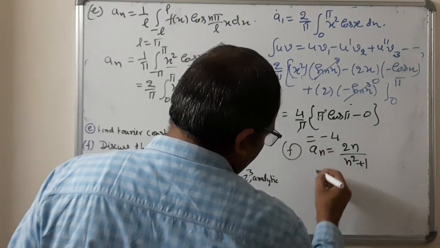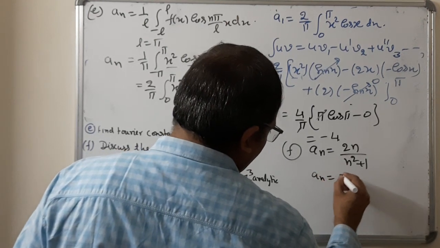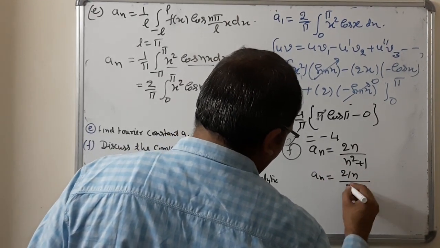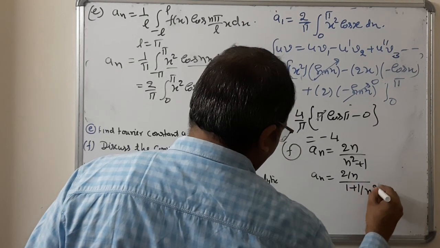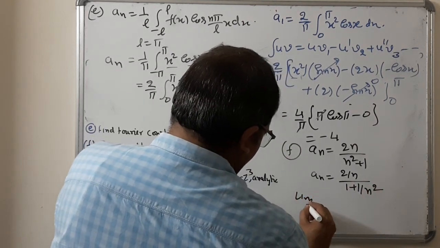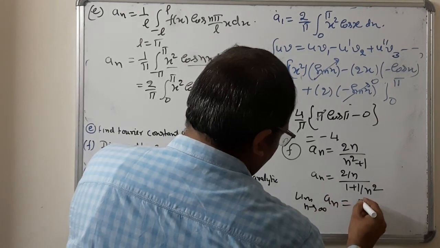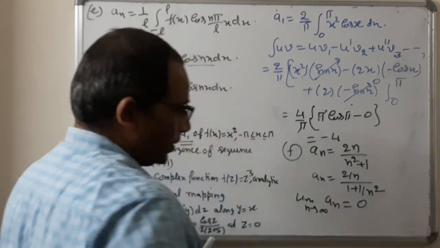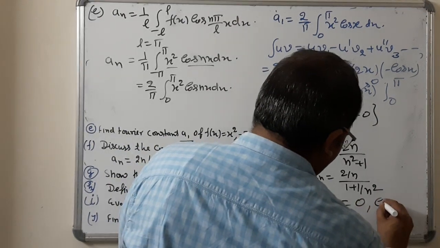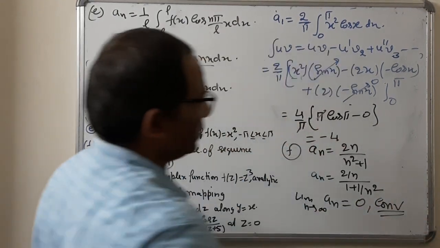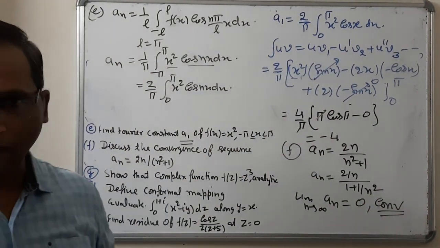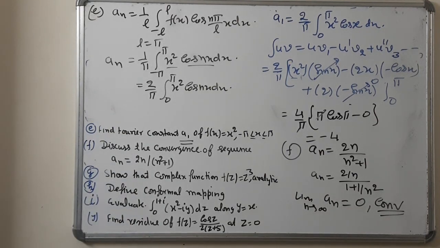Taking this a_n as 2 upon n, upon 1 plus 1 upon n square, the limit as n tends to infinity of a_n is equal to 0. That means the given sequence is a convergent sequence.